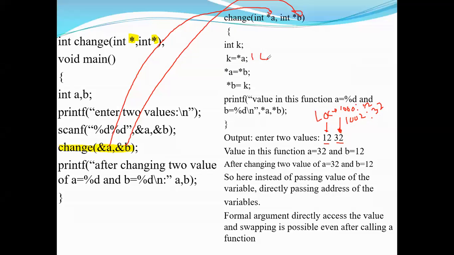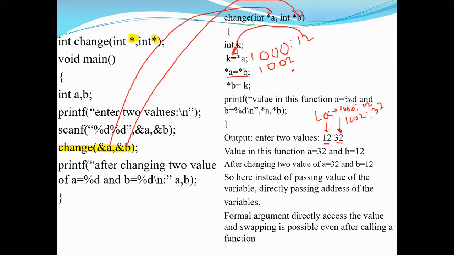Whatever value is present at 1000 is copied to k. The value is 12. This 12 is copied to k. Similarly, this is a pointer from the 1002 location.